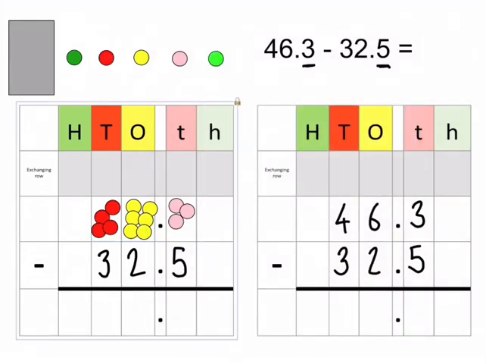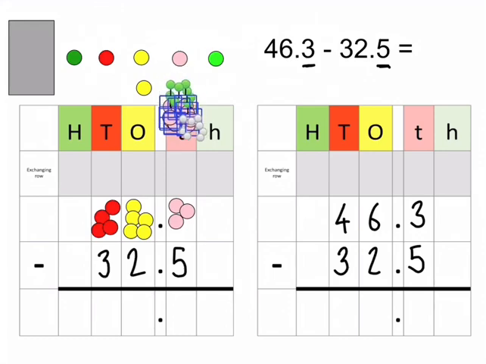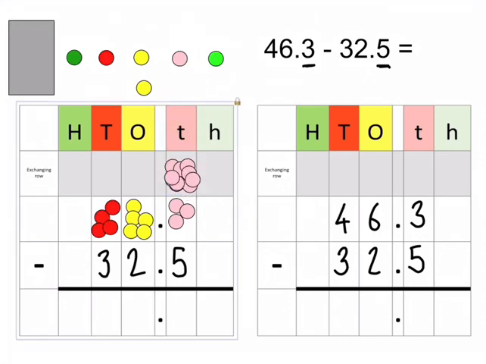What we can do is take a 1, split it into 10 tenths. 1, 2, 3, 4, 5, 6, 7, 8, 9, 10. We have now got 13 tenths.